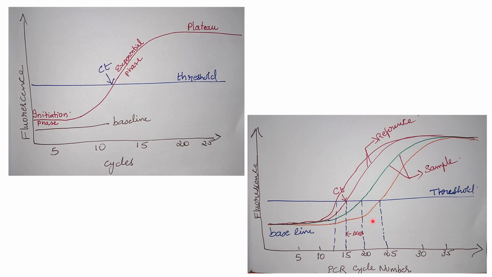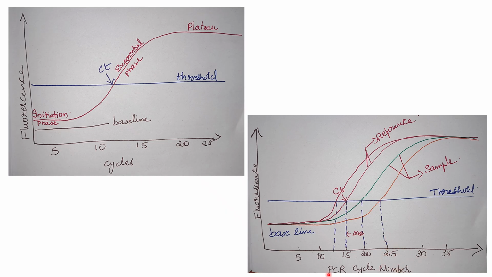So one particular gene is expressed more in the fruit, whereas it is expressed less in the leaf. So if it is more in the fruit, then at lower PCR cycles you will get the CT value, whereas in the leaf, since it is less expressed, you will get the CT value at a higher cycle number.